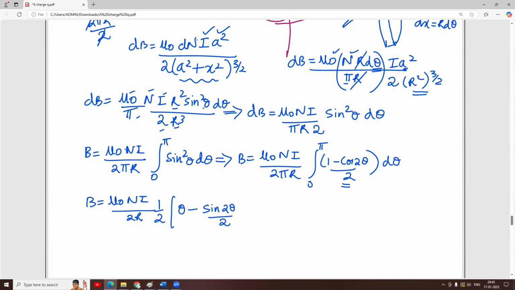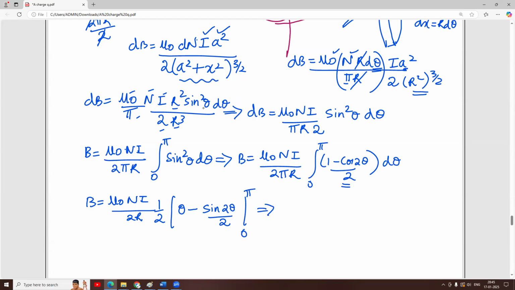If you differentiate this, you will get cos 2 theta into 2. Yes, sine 2 theta by 2. That is correct. Now integration limits 0 to pi.